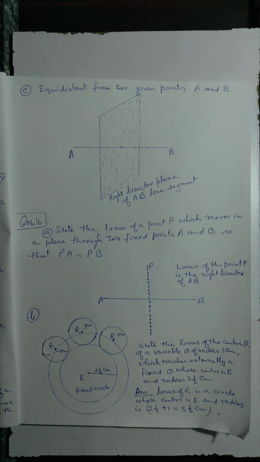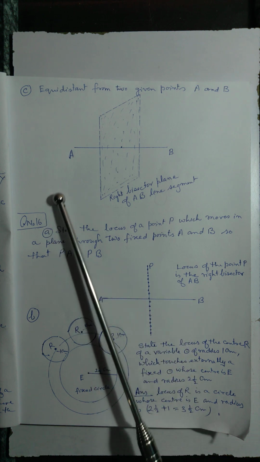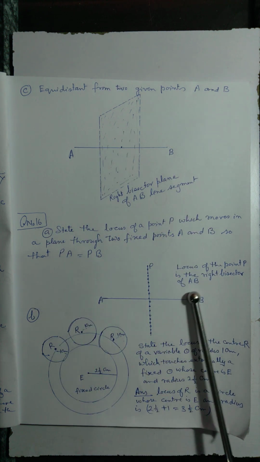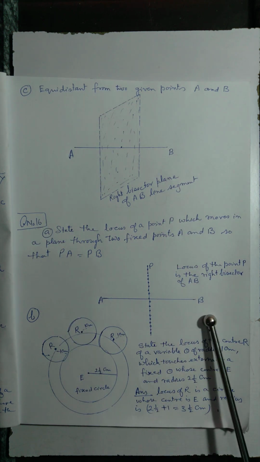State the locus of a point P which moves in a plane through two fixed points A and B so that PA and PB are equal. In a plane, you see, in a plane means suppose the paper is a plane. Paper is one of the planes.